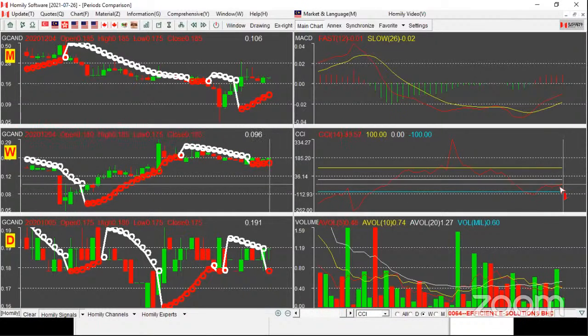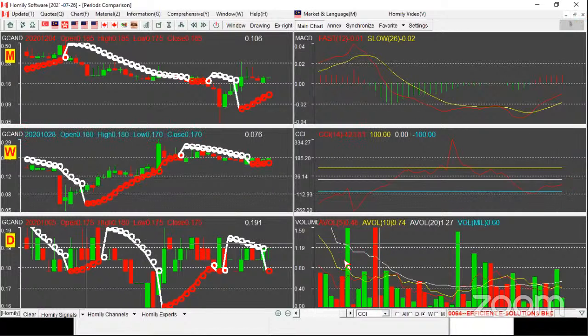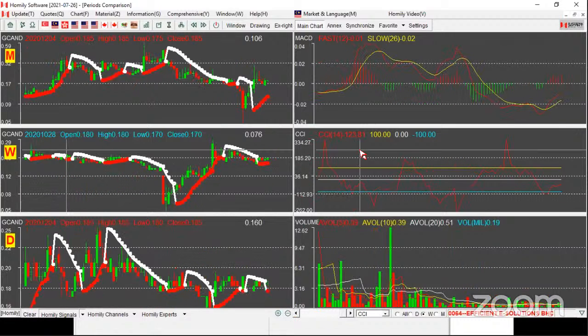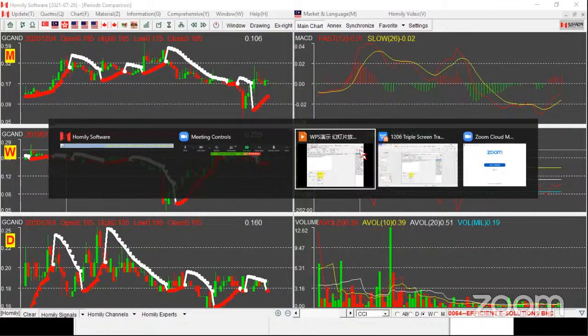And weekly chart, you see CCI line is below zero, which means still in the safe area, right? And then if on daily chart, there appear the buy points, let's go back to the reference table, then you will see whether this share can buy or cannot buy.